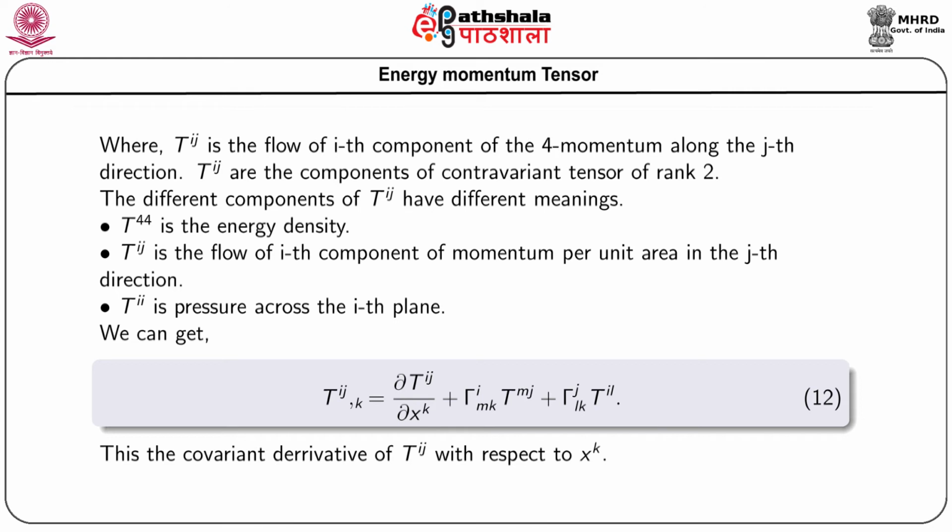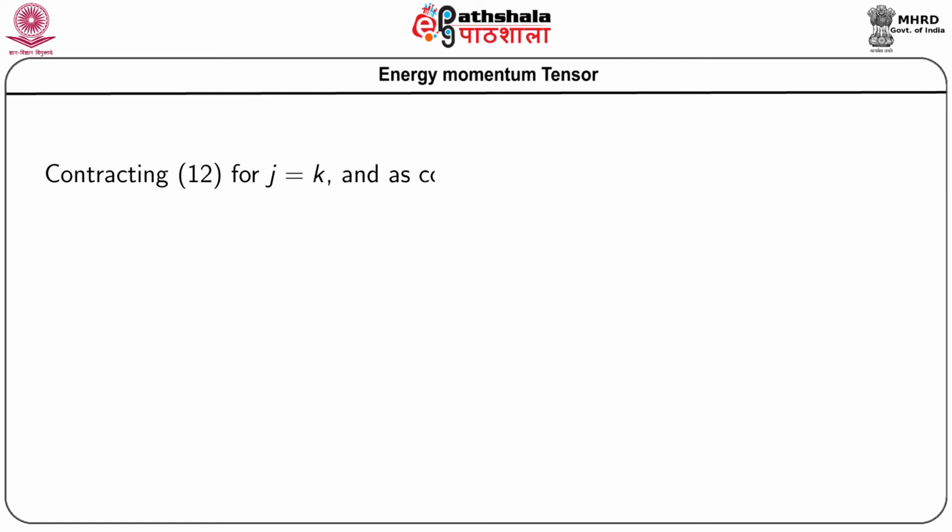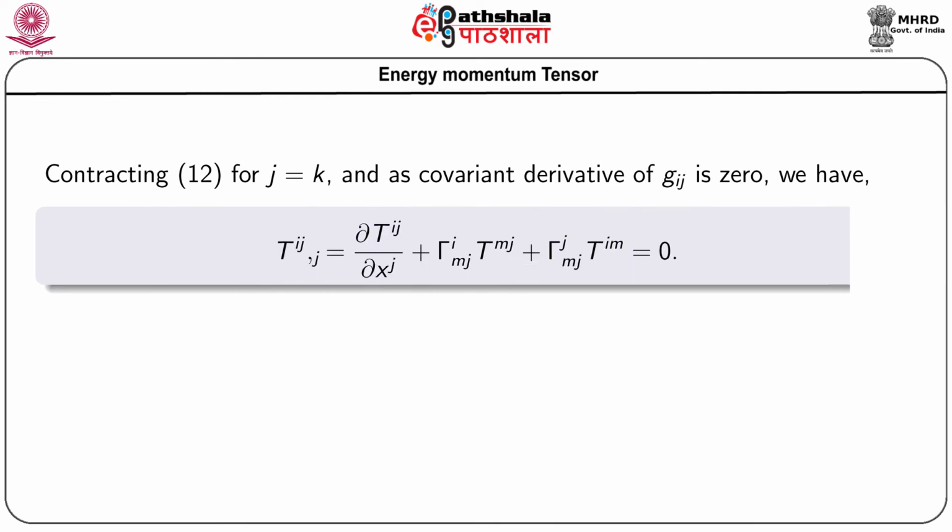And this is the covariant derivative of T_ij with respect to x^k. Now, if we contract this expression for j equal to k, and as the covariant derivative of g_ij is 0 by Ricci's theorem, we have T^ij_;j equals 0.